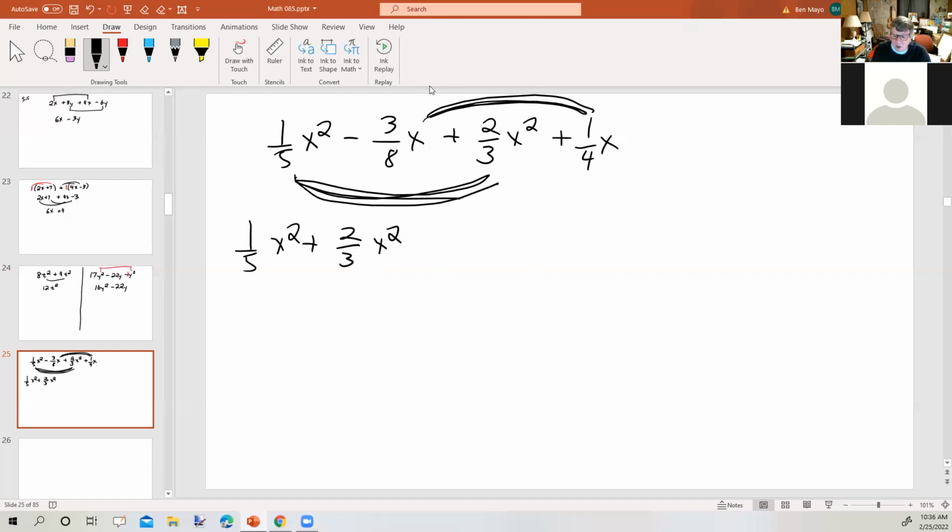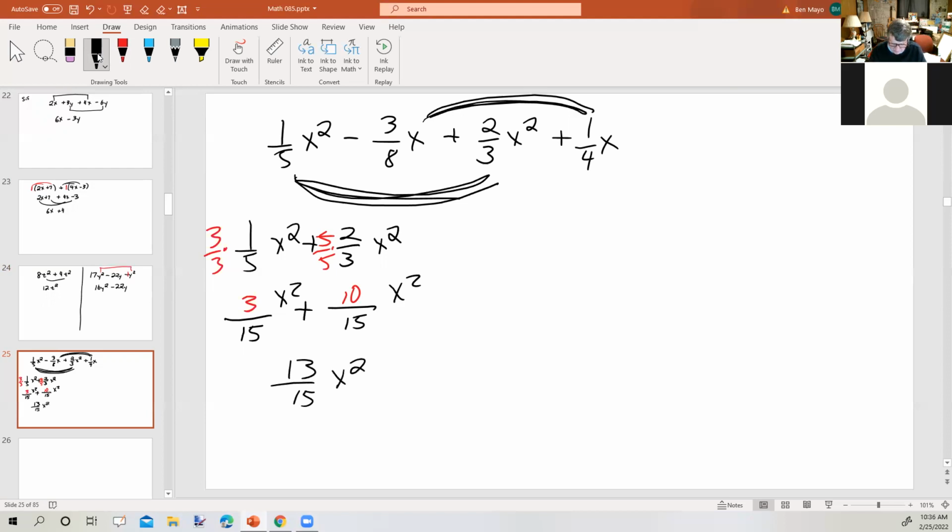The least common denominator of 5 and 3 would be 15. So 1/5 multiplied by 3/3 becomes 3/15 x squared. 2/3 multiplied by 5/5 becomes 10/15 x squared. Now we can add them because they have a common denominator. 3/15 plus 10/15 is 13/15 x squared.